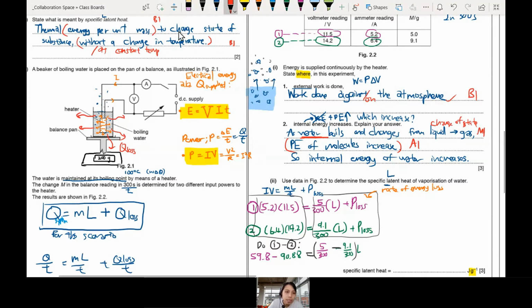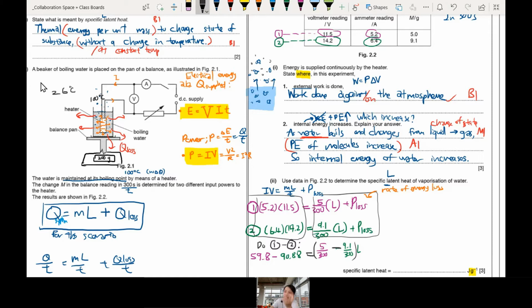Because our water is kind of fixed at 100 Celsius. Environment, we have to assume it is fixed at, I don't know, 26 Celsius. So temperature difference, we assume is always the same. And you didn't change container halfway, you use the same container. So insulation is the same. So rate of energy loss depends on these two, is the same.